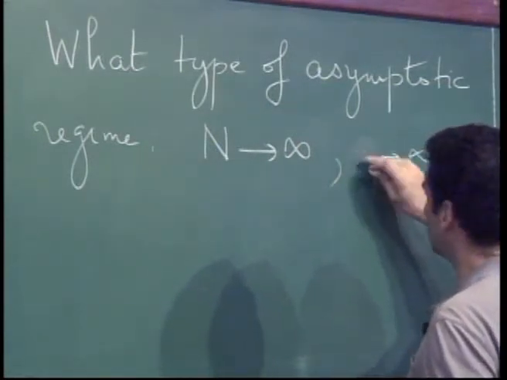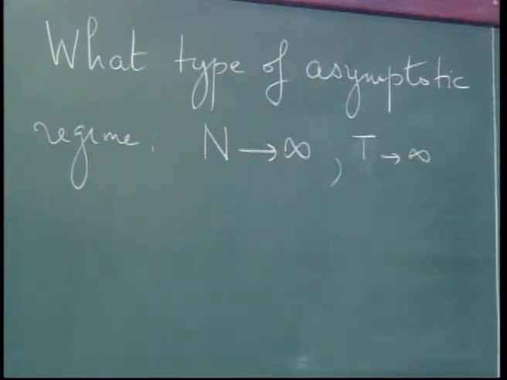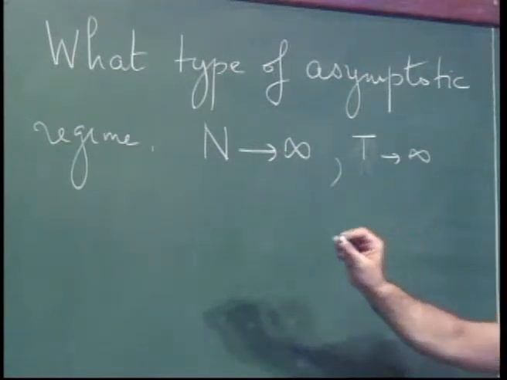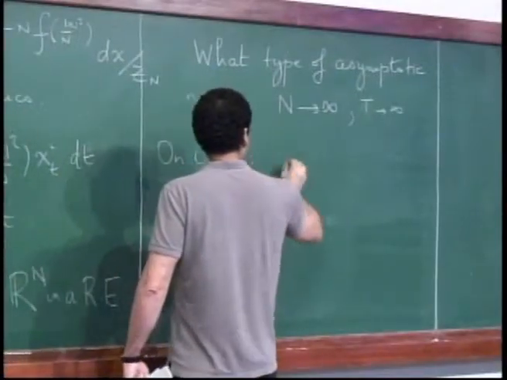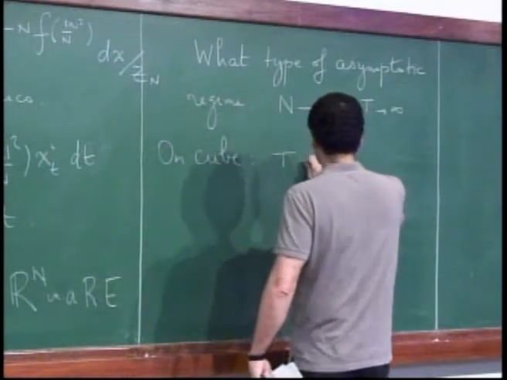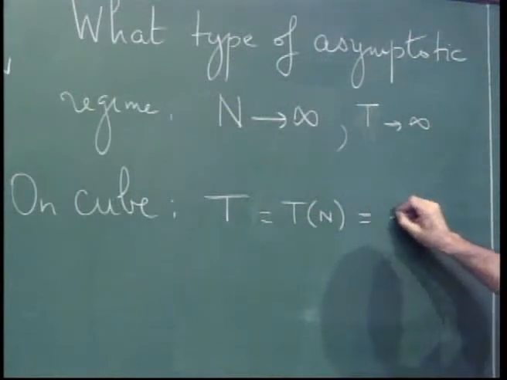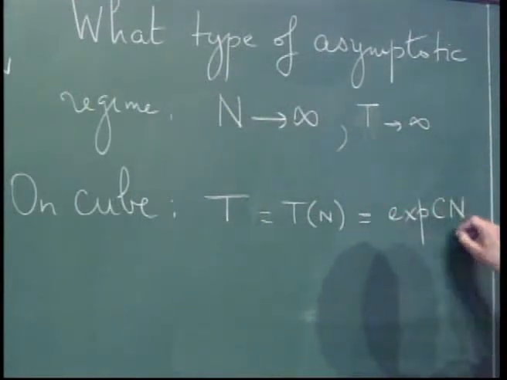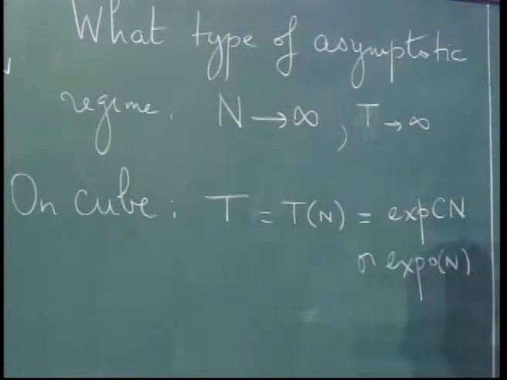Remember what we did last time on the cube. For cubic models, we took our t as a t of n. It was either exponential of C n, a constant times n, or exponential of little o of n. I gave you the two regimes. So we looked at time scales depending on n, which were very long.